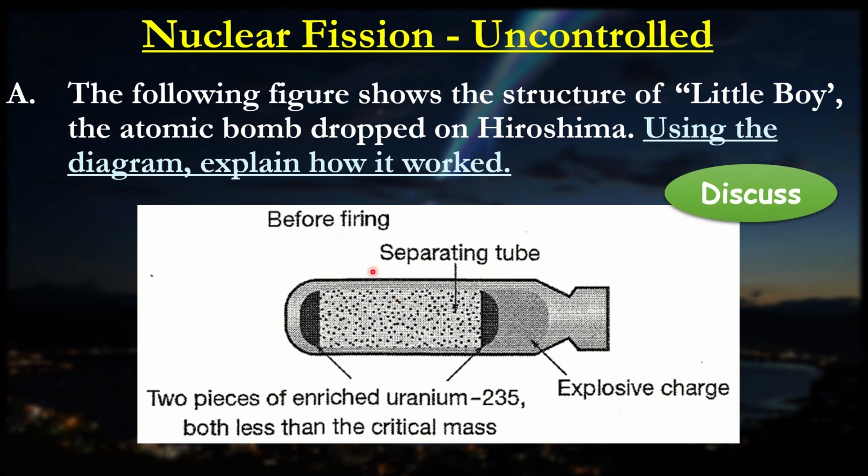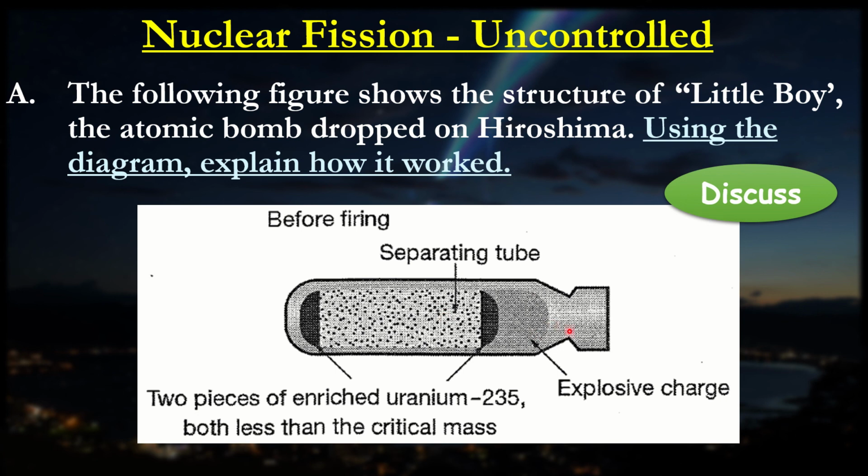Just before we go into the actual response, the actual structure of Little Boy is you have two parts of highly enriched uranium-235, but both of these are below the critical mass. So first thing is by themselves they won't be able to generate a chain reaction. We have an explosive spark and we have a separating tube.